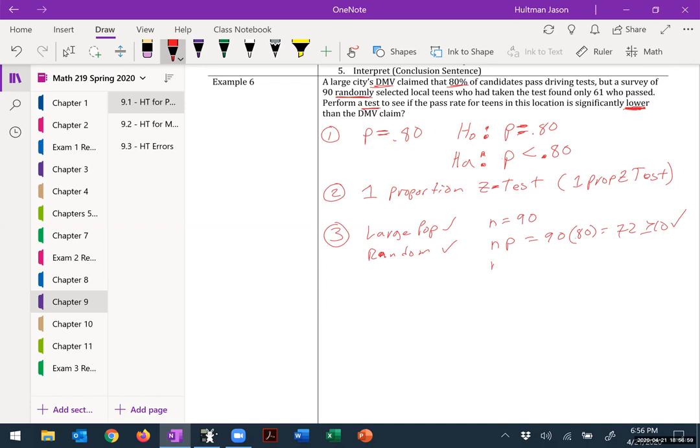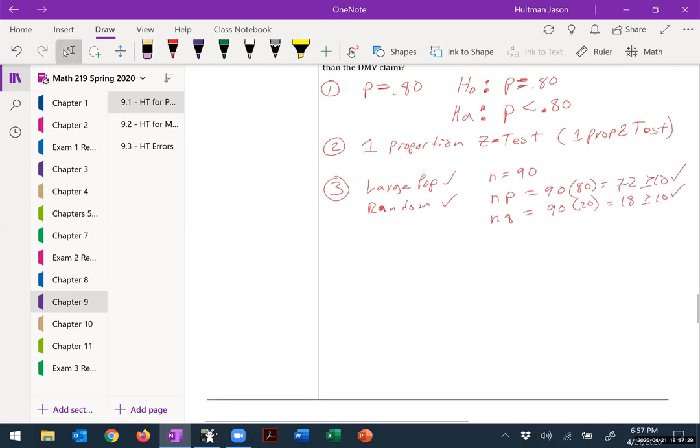What's nq? nq is 90 times the complement of 80%. Well, that's 20%. So if 80% passed, then 20% failed. And this equals 18, which is again greater than or equal to 10. So good, requirements are met. Otherwise we could not go on to the next step.